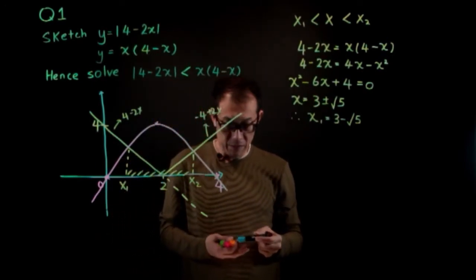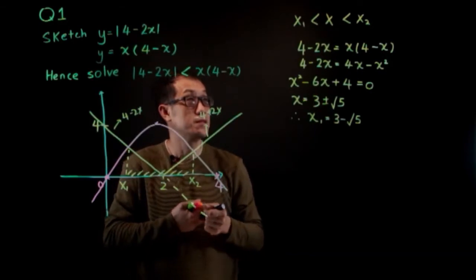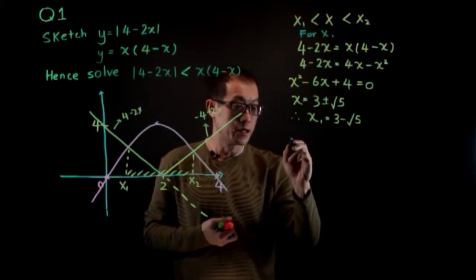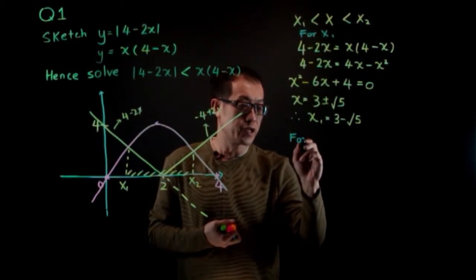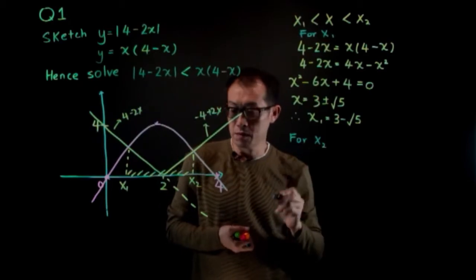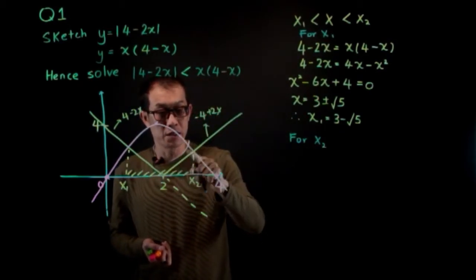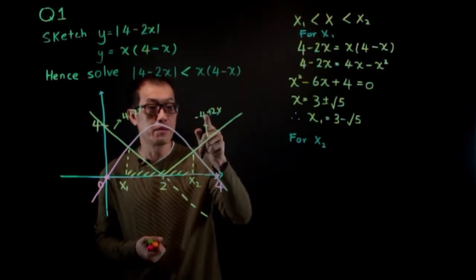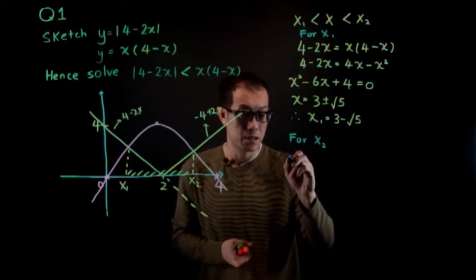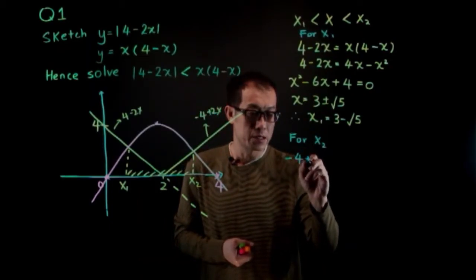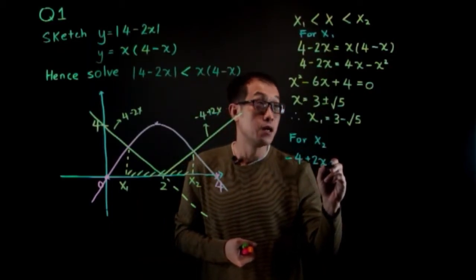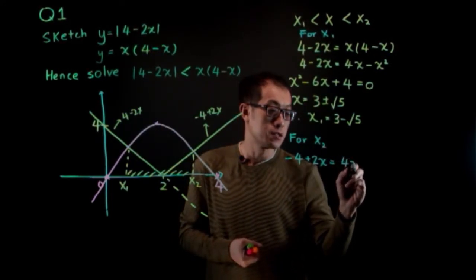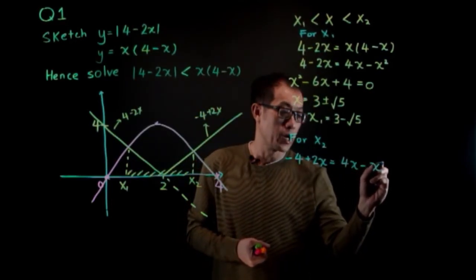Now how about x2? Maybe I write over here, I say this is for x1. Let's try to find the value of x2. Now x2 is the intersection of this graph with the quadratic graph. This graph is given by minus 4 plus 2x. So you get minus 4 plus 2x equals 4x minus x squared.